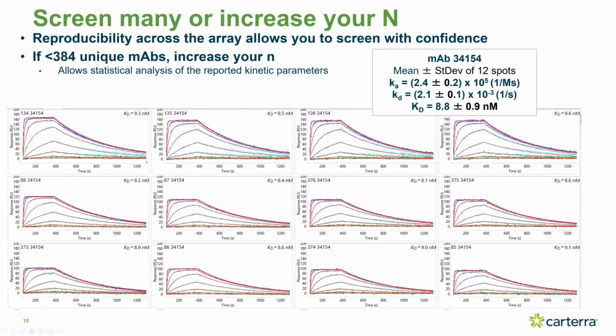These 12 replicates were not right next to each other in the array. They were actually at several different distinct positions within the array. So it shows that the data is very consistent across the array. And then one feature in the analysis software is that it automatically has a statistics page that will automatically calculate the mean and the standard deviation for all of the rate constants and the affinity and the Rmaxes as well.